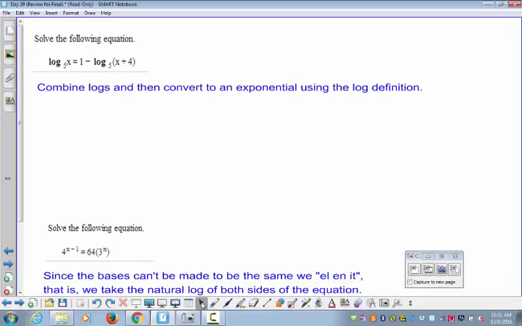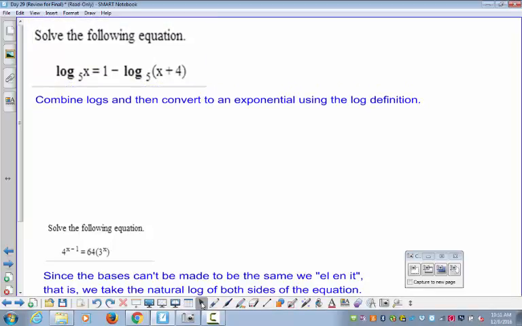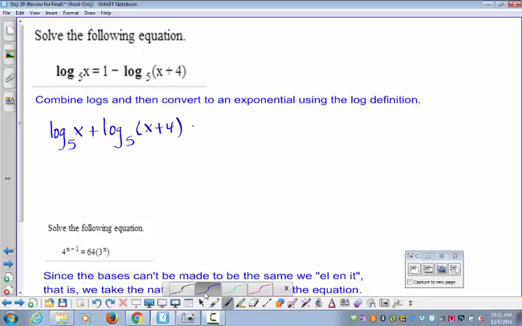Okay, let's try a log equation. So here, the procedure is going to be to collect the logs on one side. They have the same base. So let's collect them on the same side of the equation. So we have that.